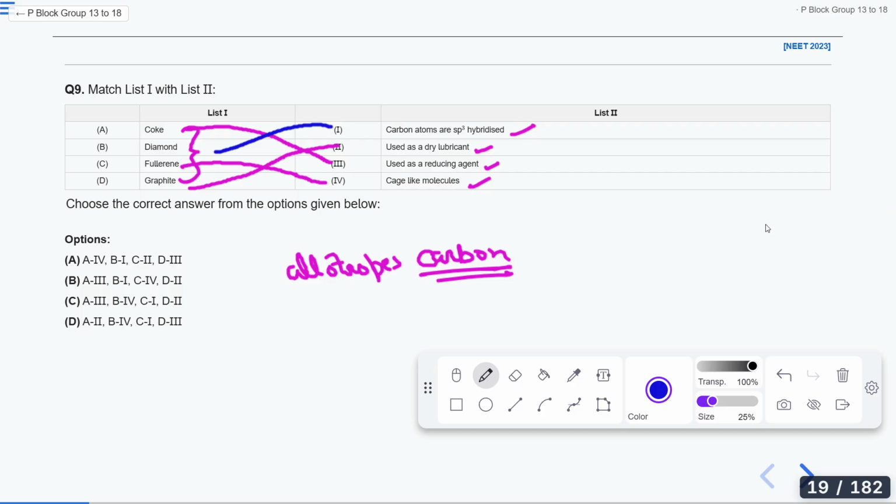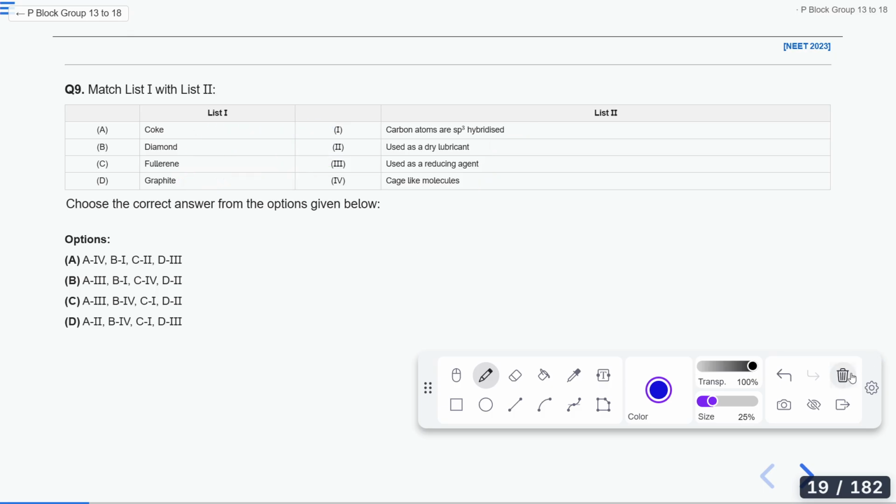Is it clear to everyone? So graphite is used as a lubricant. Why is it possible to use it as a lubricant? Because if I consider the structure of graphite, it has a layered structure. Two layers are joined together by van der Waals force. This can be asked in your exam.